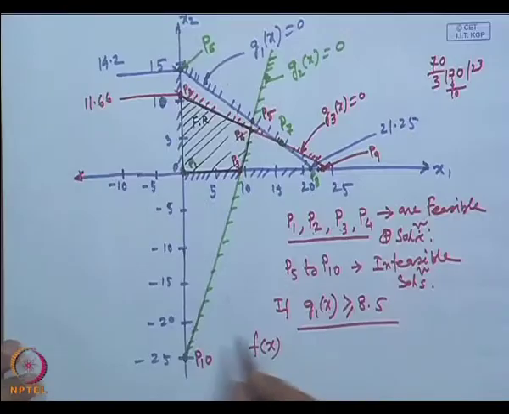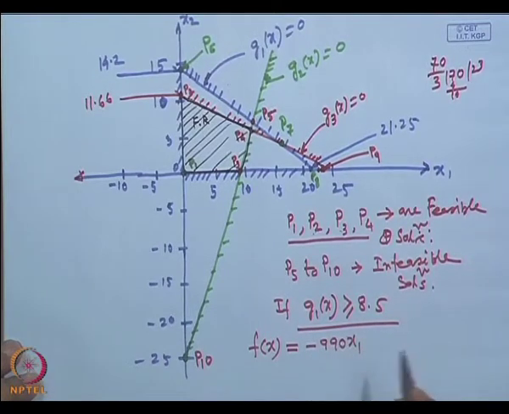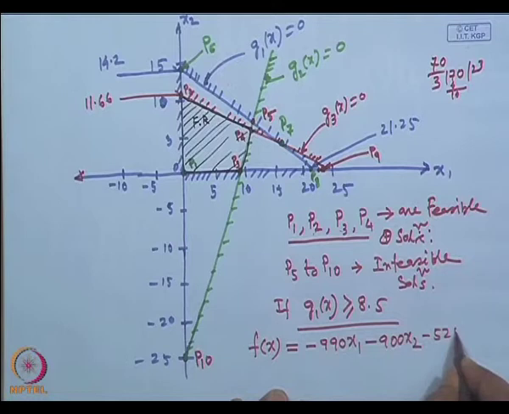So, let us call our objective function, which was given as minus 990 x 1 minus 900 x 2 minus 5250.